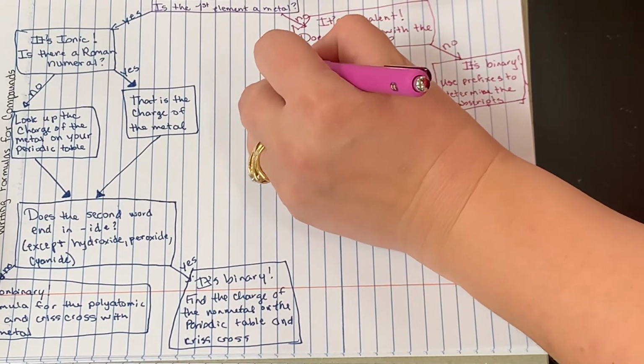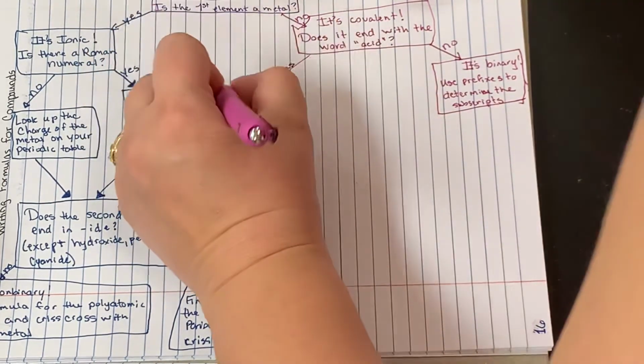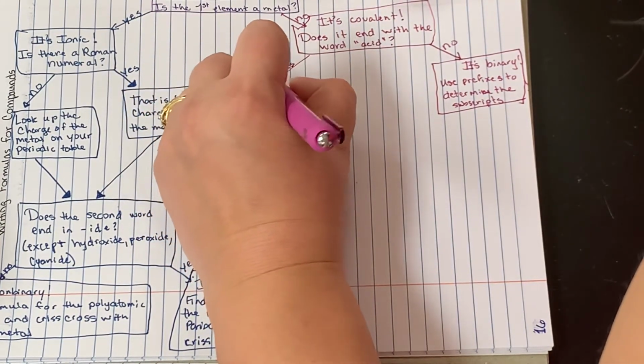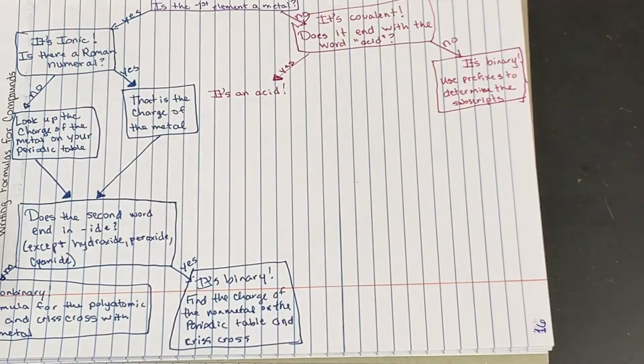Okay. So then what about yes? Okay. What if it does end with the word acid? Well, then it's an acid. Okay, but there are two kinds of acids. So if you're looking at the name of an acid, what would be the first question you would ask yourself to determine whether it's going to be a binary acid or a non-binary oxyacid?